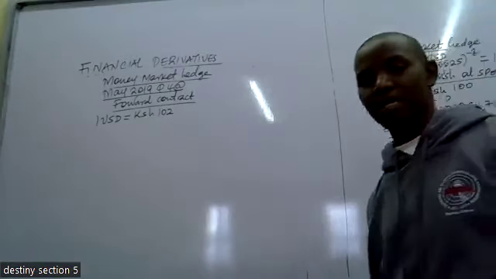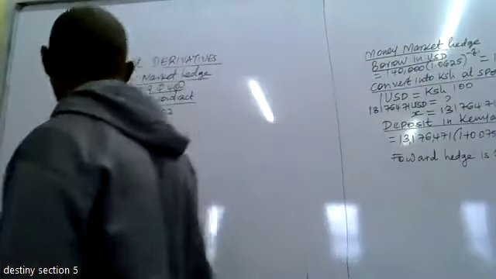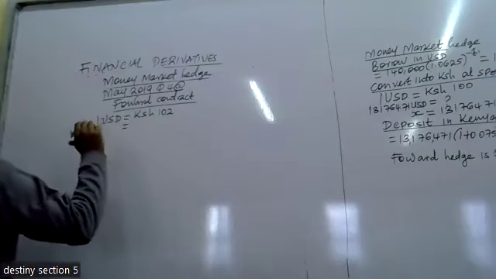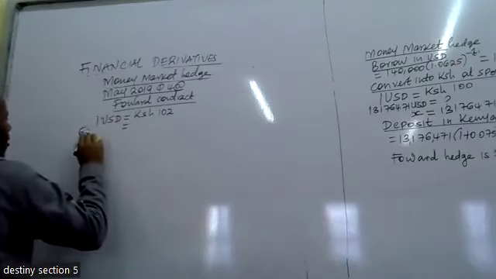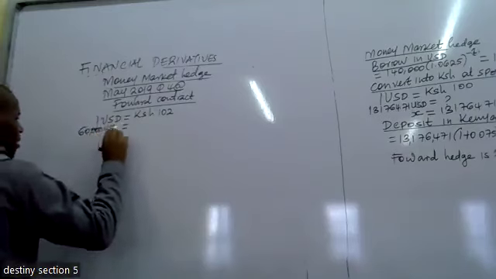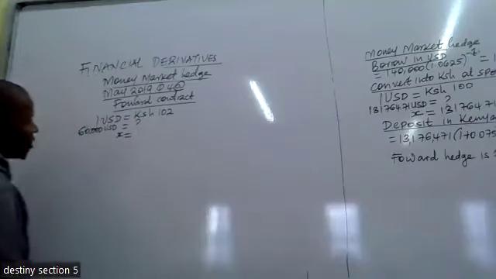In this case, you use the higher value, which is 102. So that means he's expecting to receive how much? USD. So in this case, what is the amount here?